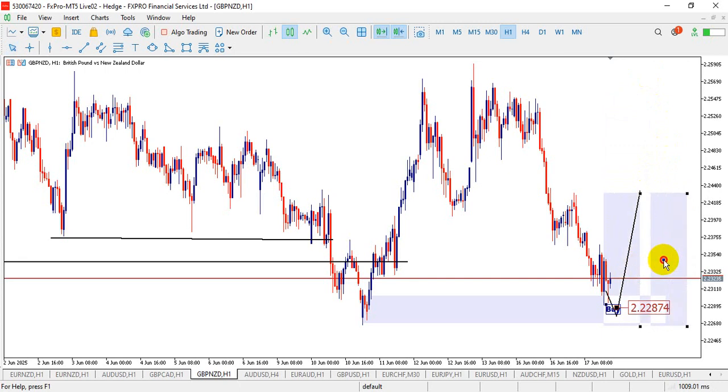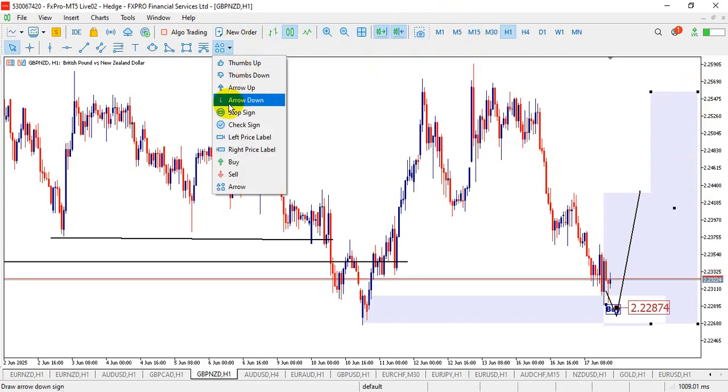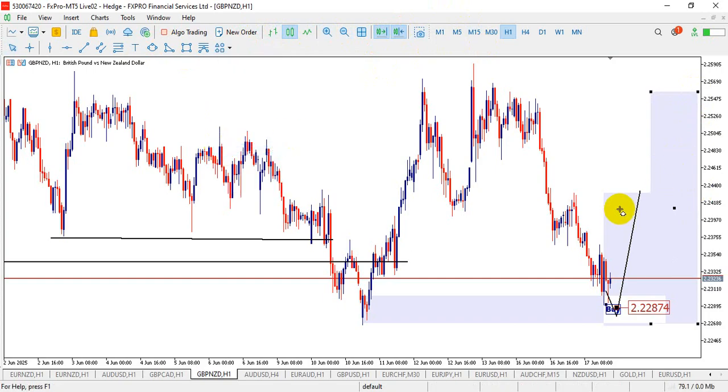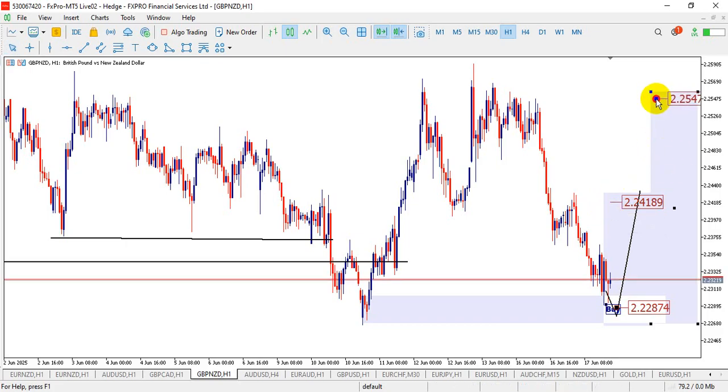Then for TP2, we might see price get towards here. So let me just drop it and quickly end the video so that this analysis will not take too long. So for TP1, we expect price somewhere 2.24189. Then for TP2, okay, 2.2547.